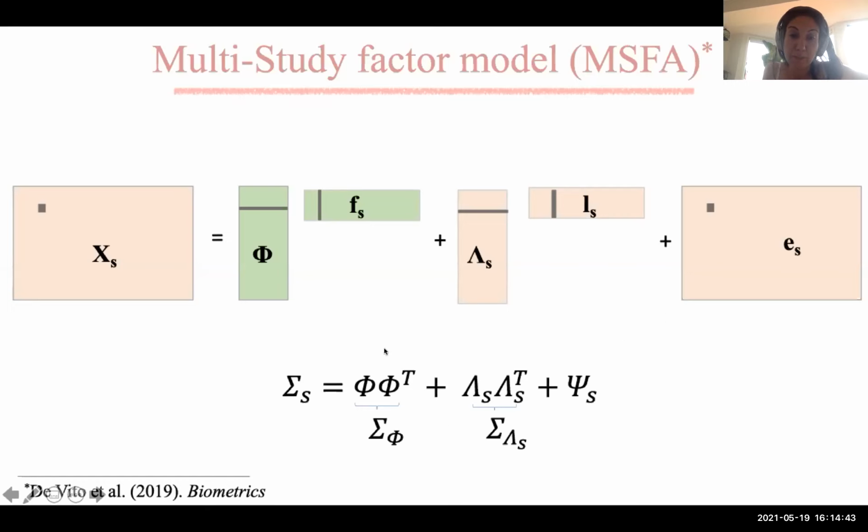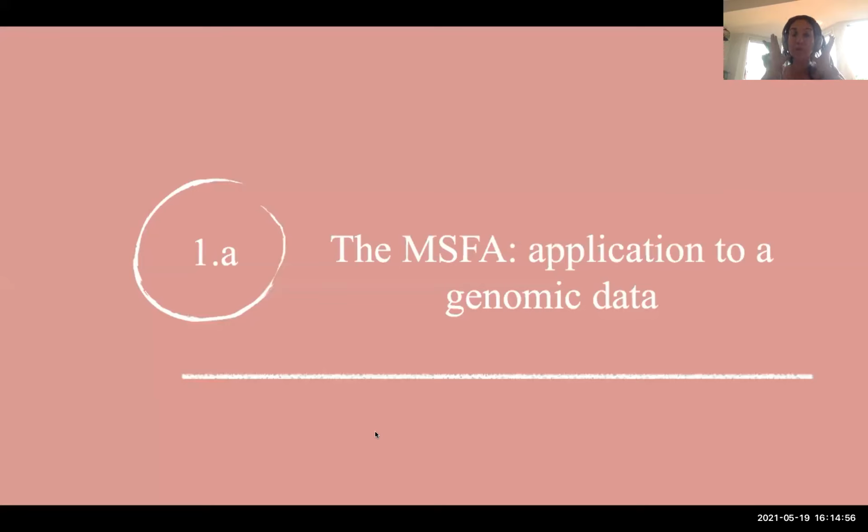And this could be really important, as we will see later on in this talk, because we will be able to, for example, build some gene expression networks that are common across all the studies.